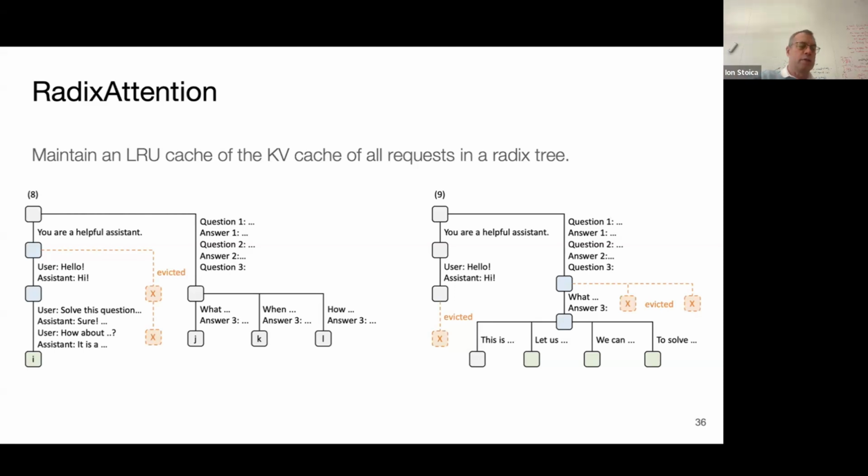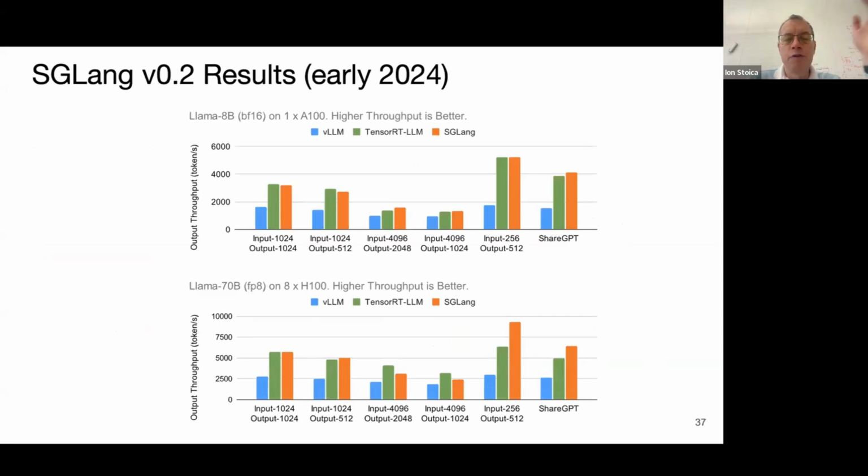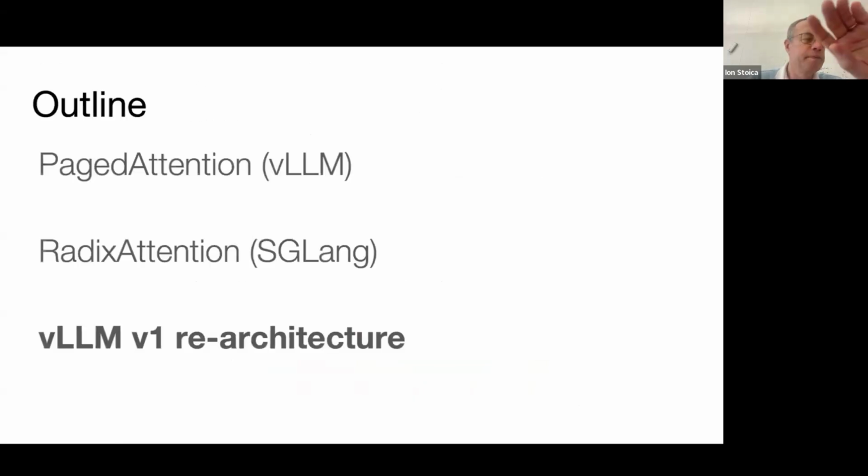The ones which have not been accessed for the longest time, right? And if you do that, these are results from 2024, you get much better results here. These are the throughput, and SGLang is orange. And at that time, it performed significantly better than vLLM with this new technique. vLLM didn't have this technique at that point, and TensorRT-LLM, another popular inference engine from NVIDIA, okay?